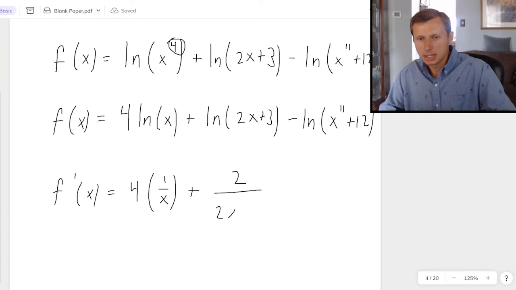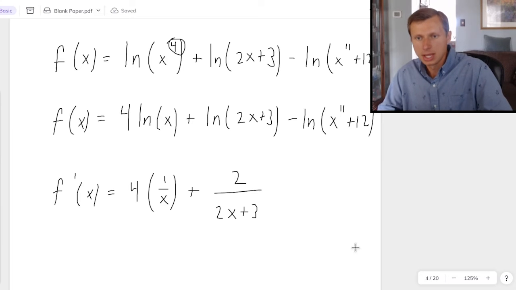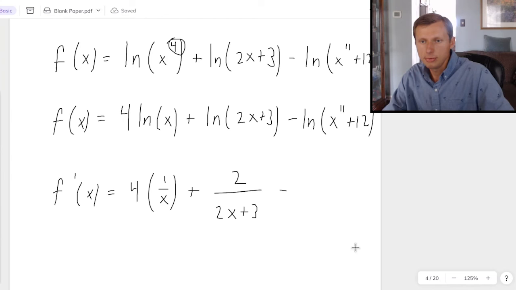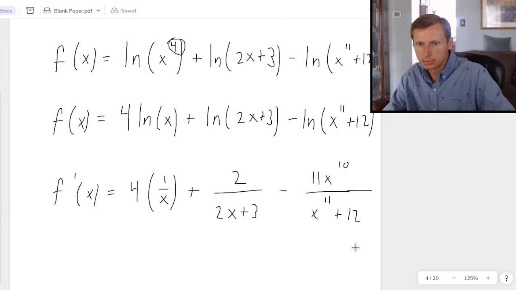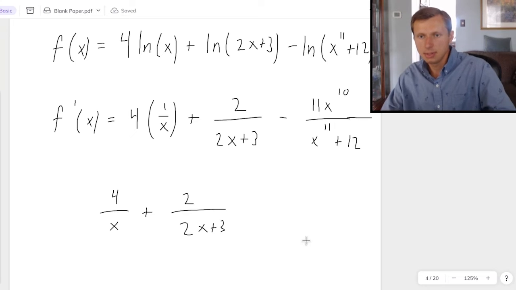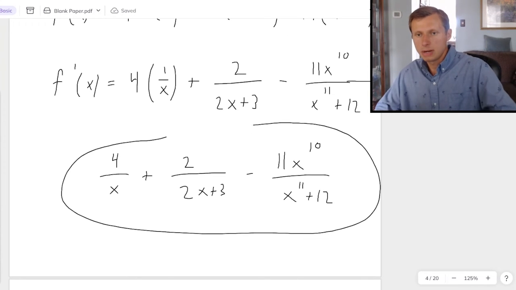And then divided by the original 2x plus 3. And then minus derivative of x to the 11th plus 12. That's going to be 11x to the 10th power divided by x to the 11th plus 12. And like I said a minute ago, I am just going to write this as 4 over x because it looks nicer. But I'm going to keep everything else the same. And this will be our final answer.